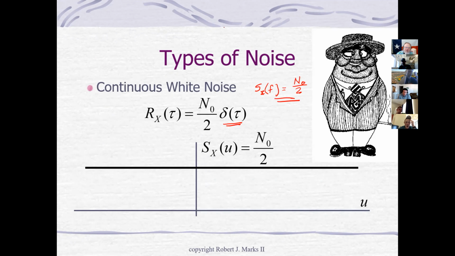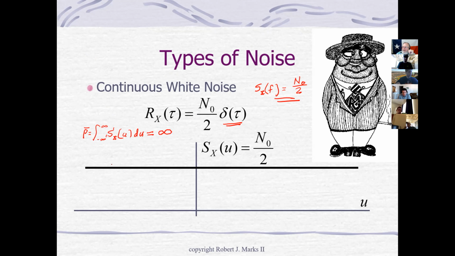And one of the problems is, do you remember what the average power was? The integral of the power spectral density, yeah, it's equal to that. So for white noise, what's this equal to? It would be infinite, wouldn't it?